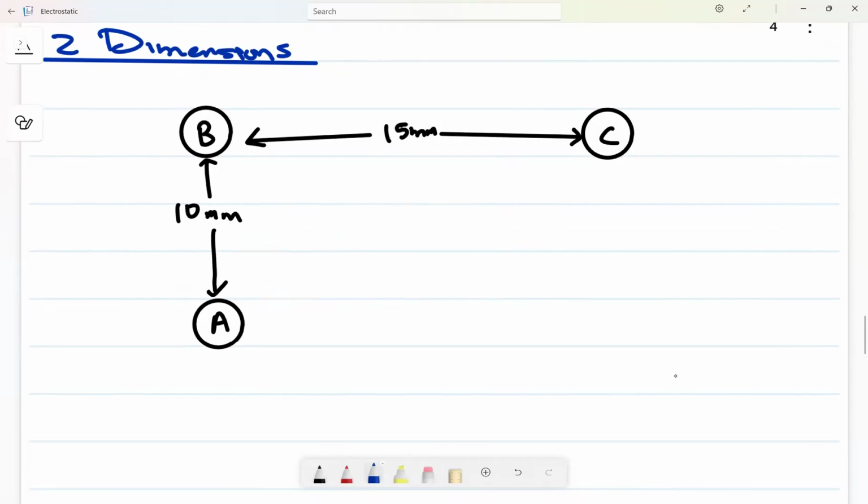Okay, yes. Now B, let's say it has a charge of negative 10 microcoulomb. Let me write it here, negative 10 microcoulomb. Charge C has a positive 7 microcoulomb. Charge A has positive 5 microcoulomb. Okay. Let's find now a resultant or net.